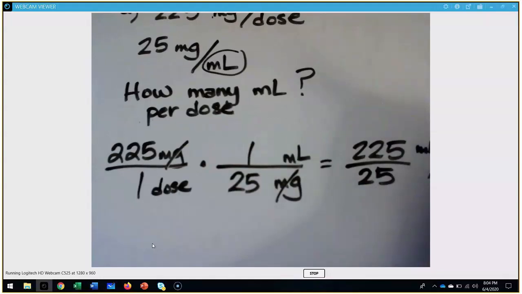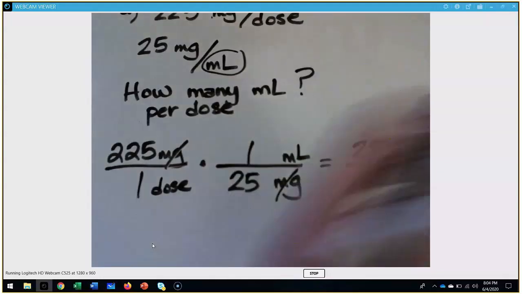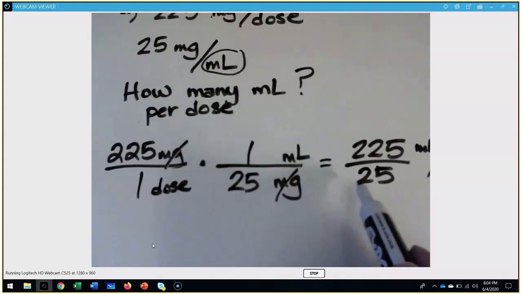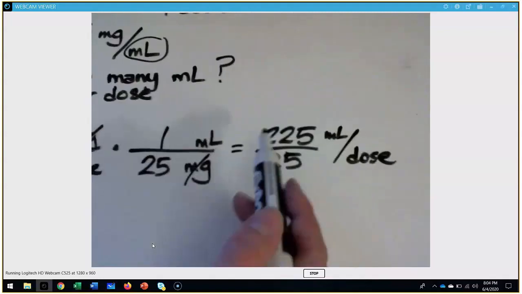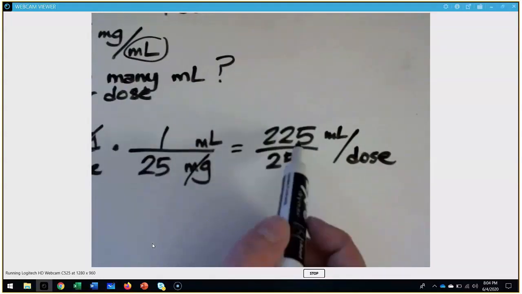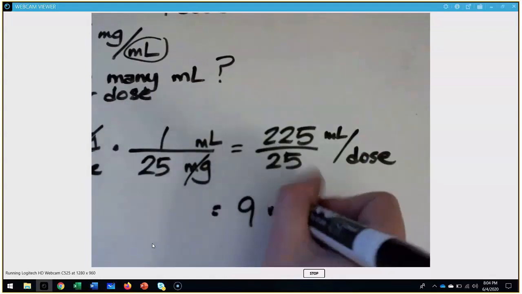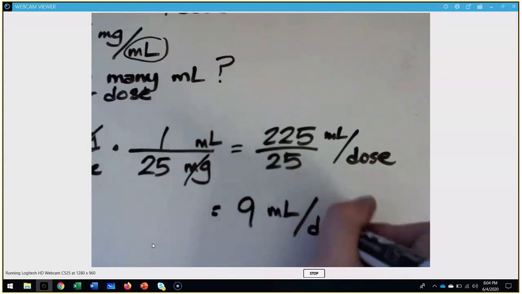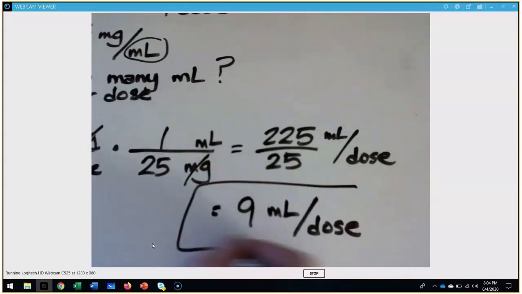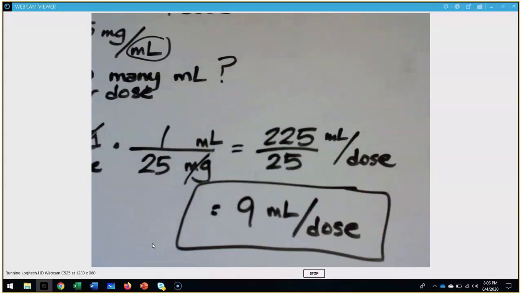This is going to be milliliters now per dose, and that tells me right there at the end, I'm just going to have to divide that through. 225 divided by 25 is 9. Any questions about that one? No. Okay.